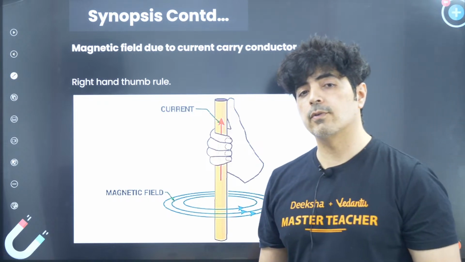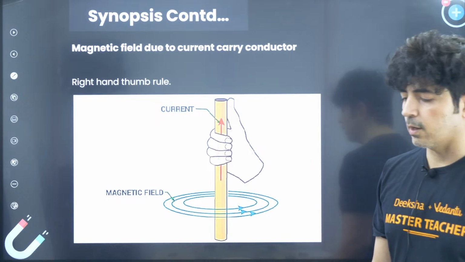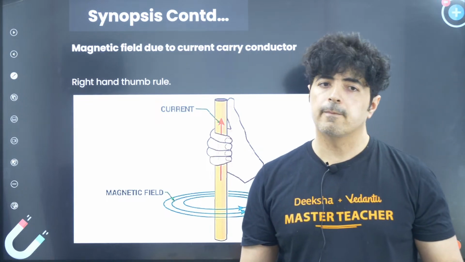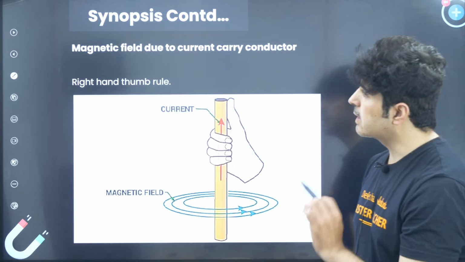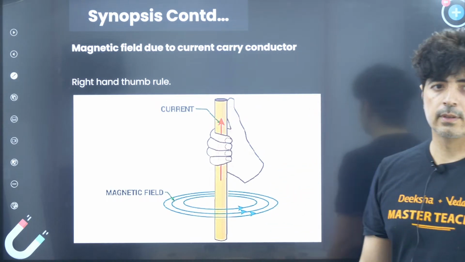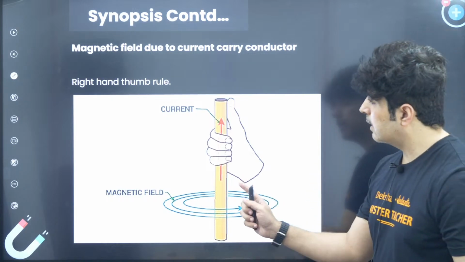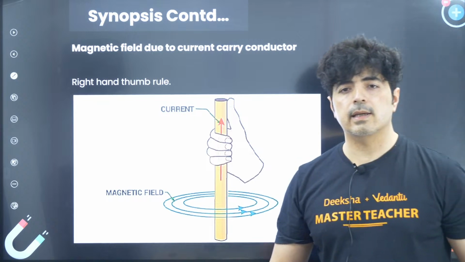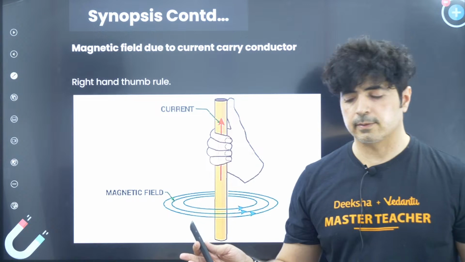Before moving forward, I hope almost everybody knows this by now, but in revision I'm going to explain exactly how it works. This is the right hand thumb rule. It says that there is a current carrying conductor. Current always flows in a conductor.